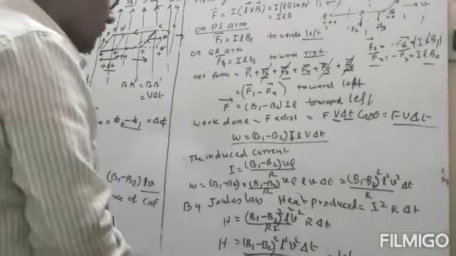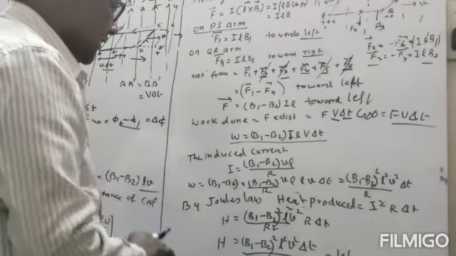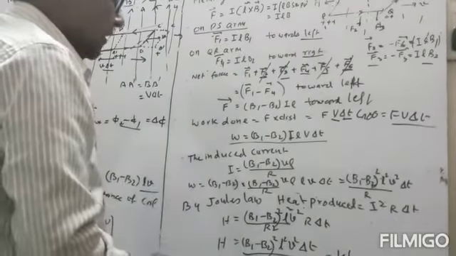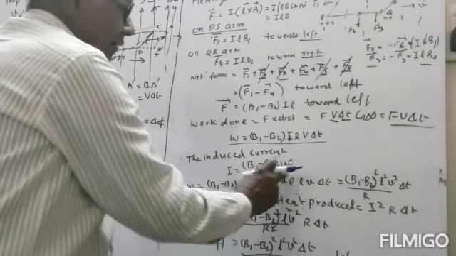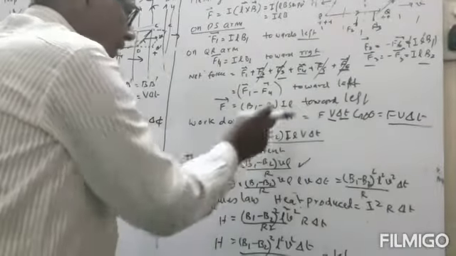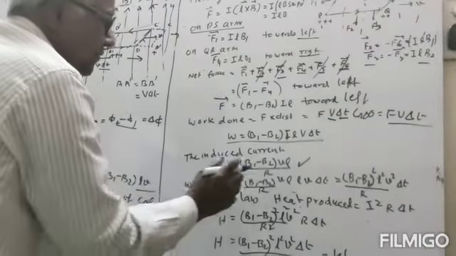Now what will be the induced current? In the earlier lecture we found the induced current. Induced current is equal to (B1 minus B2) into v into L divided by R. We substitute the value of current in this expression.